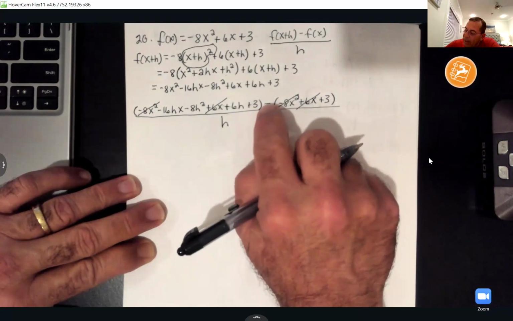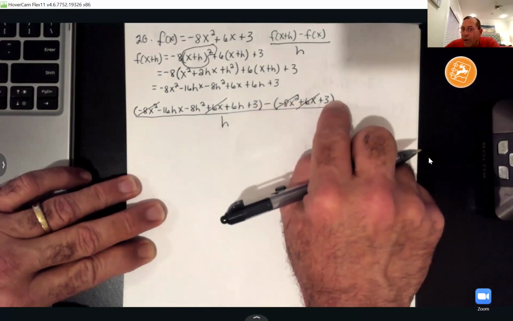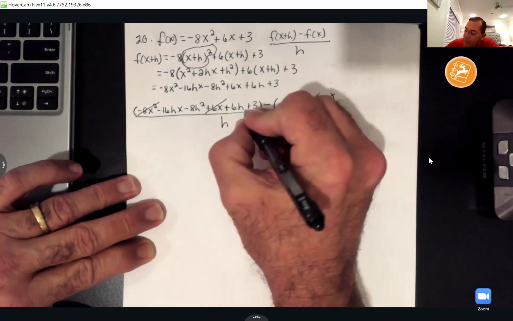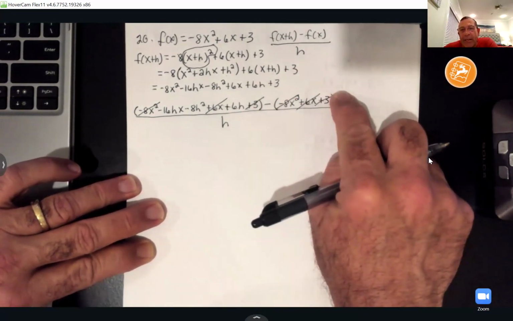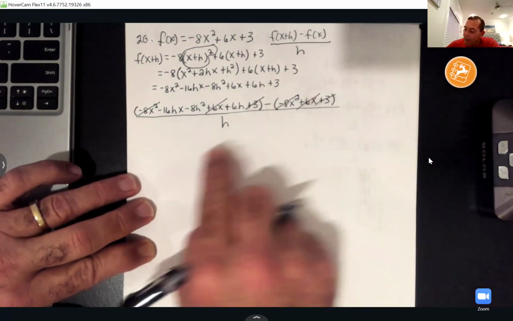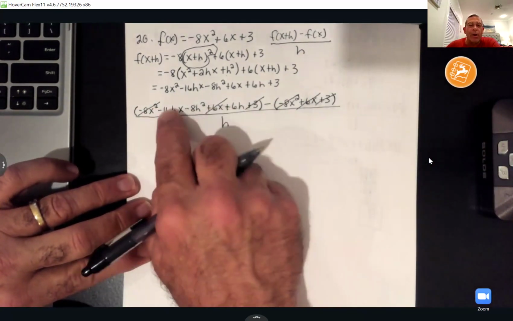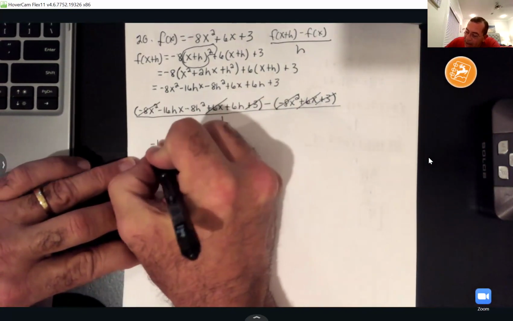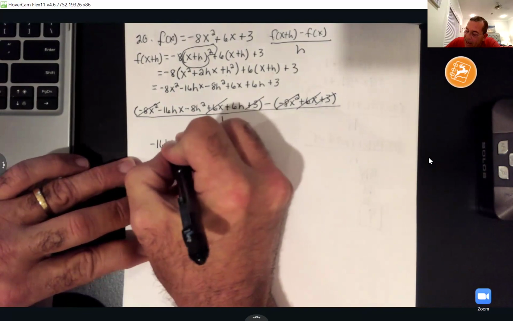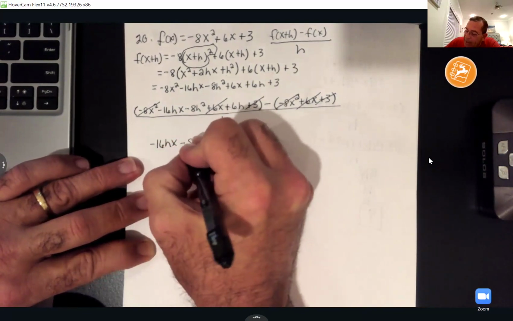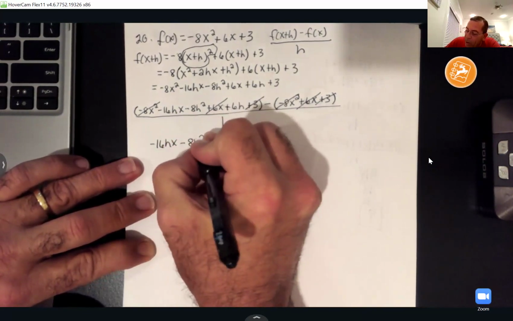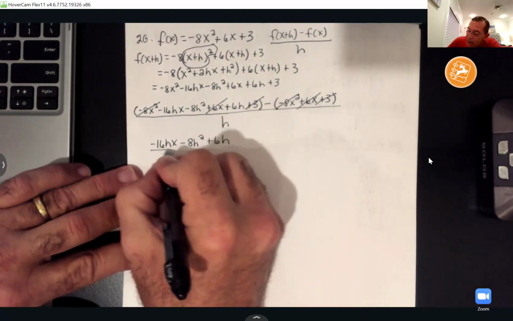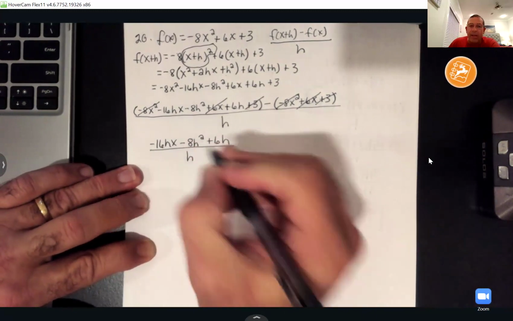And guess what? That negative 3 is going to cancel with that positive 3. Everything always cancels on the second parentheses. All that's left at this point are those h terms. So negative 16hx minus 8h squared plus 6h all over h.